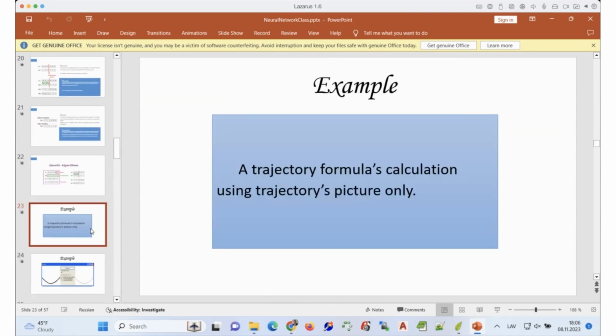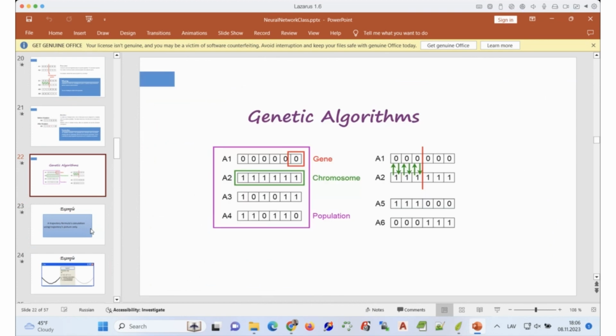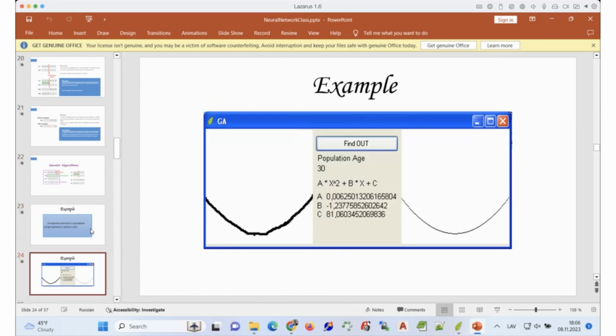What tasks can such methods work on? Well, the method which I created maybe 12 years ago was related to finding the trajectory equation based on genetic algorithms.